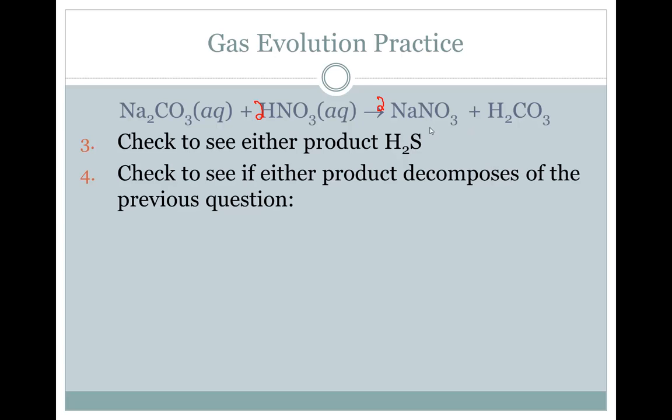Check to see if either product is H2S. And sulfur wasn't even in this reaction, so we can bypass that one. Check to see if either product decomposes. H2CO3 has that carbonate, so it's going to decompose to H2O and CO2.